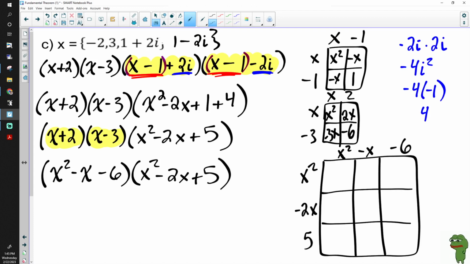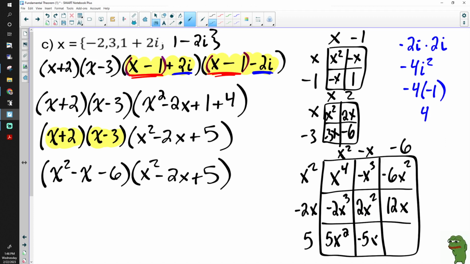So filling out this entire grid, we got x to the 4th minus x to the 3rd minus 6x squared. Negative 2x to the 3rd, 2x squared, 12x. 5x squared minus 5x, and what is that? Negative 30.